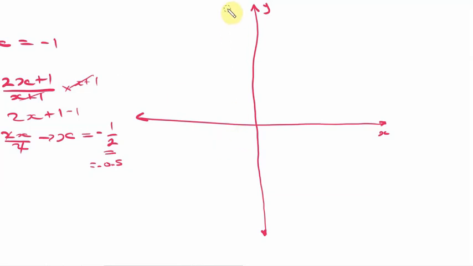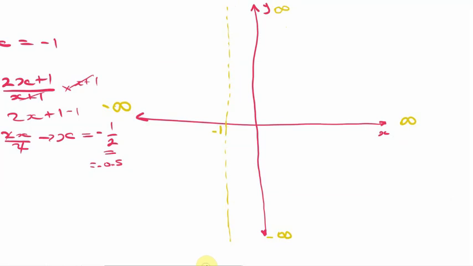The minus 1 is on the negative side, and this obviously goes all the way from positive infinity to negative infinity. Okay, so that's negative 1.